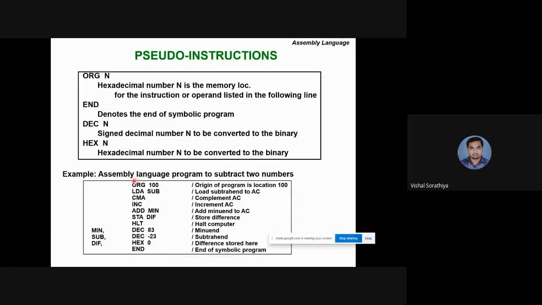Your program actually starts from 100 and goes up to hold, but whatever data you are processing, SUB, MIN, DIF, is stored at the MIN location. That will be either a location or a name I have given, like when you are defining some variable. Like an integer in the main program, just below the header and before starting your main instruction, you give the global variable.